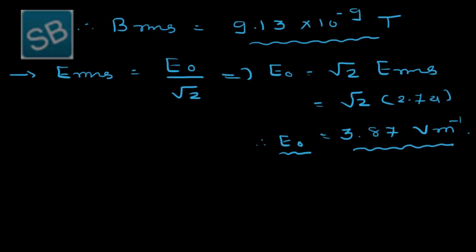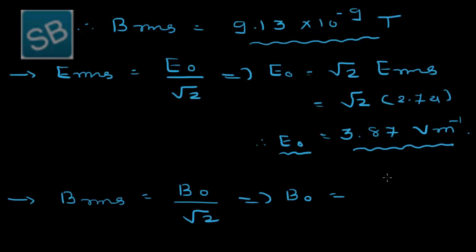Now, B RMS is equal to B0 upon under root 2. That implies the value of B0 comes out to be 1.29 into 10 to power minus 8 Tesla. And hence the values of E0, B0 and the intensity have been found.